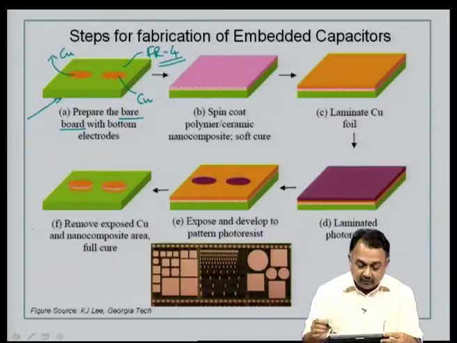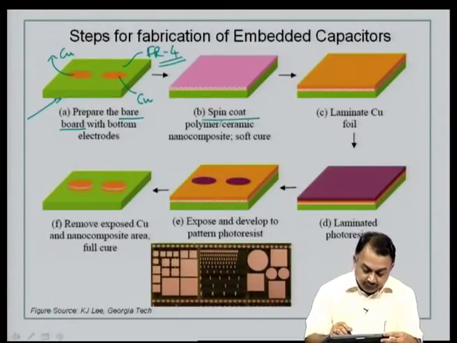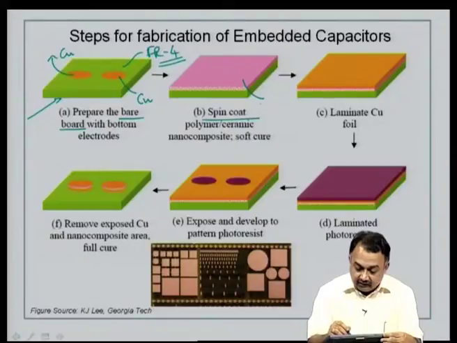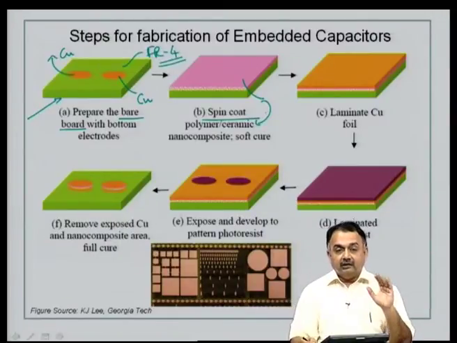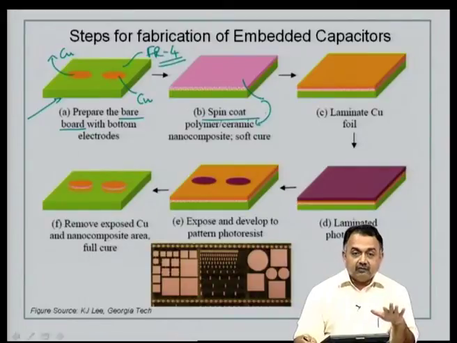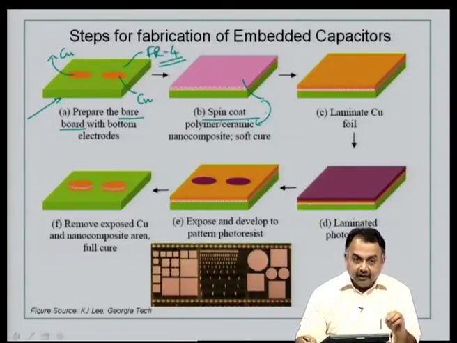So, by using photolithography, then do a spin coating of the polymer ceramic nanocomposite material. You can see here in pink shade, this is the polymer ceramic material. Okay. You could also use nano powders here. The key here is the right choice in terms of volume of the media, the binding media, and then the ceramic powders.